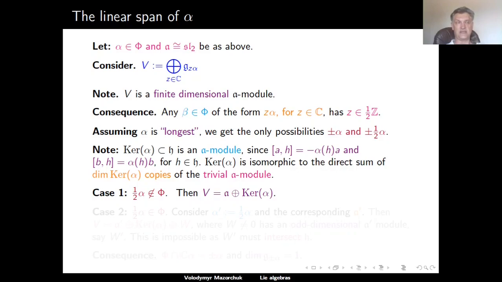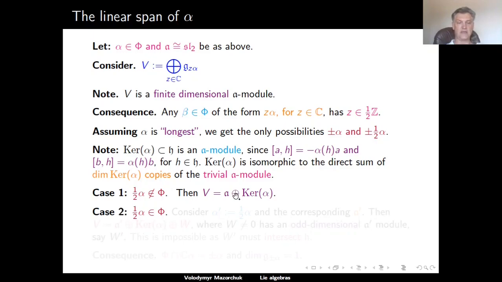And each simple module whose weights are integer multiples of alpha must have a 0 weight space. At the same time, in the 0 weight space, which is Cartan, we have the kernel of alpha, which is a codimension 1 subspace, which is an A module. So this means that there can only be at most 1 more A module, which is a direct summand of V. And we of course know that the algebra A itself is a submodule of V under the adjoint action. So this is the first case.